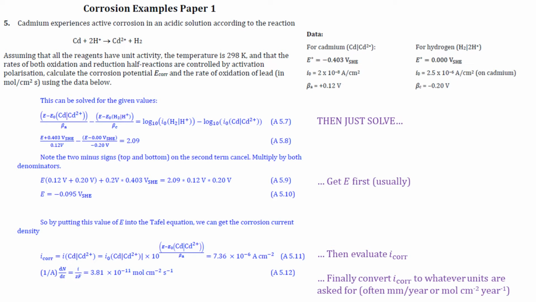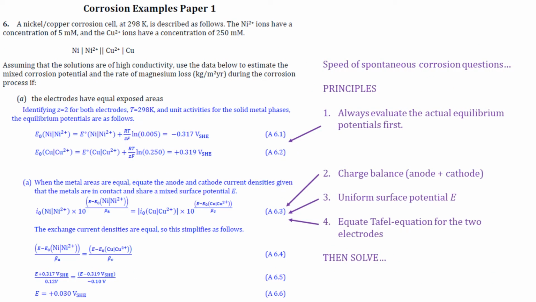And once you've got the surface potential, then you plug that in and you evaluate the corrosion current density. Finally, in these questions, you convert corrosion current density into whatever units you get asked for to describe the corrosion speed. Often millimeters per year of the metal dissolving, or moles per centimeter squared per year of the metal which dissolves. Great.